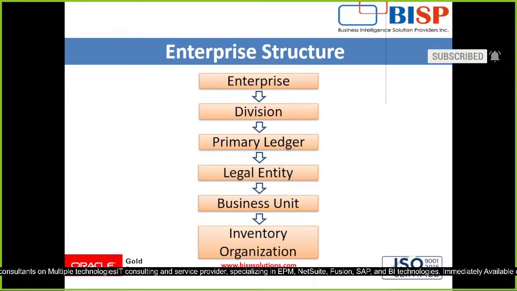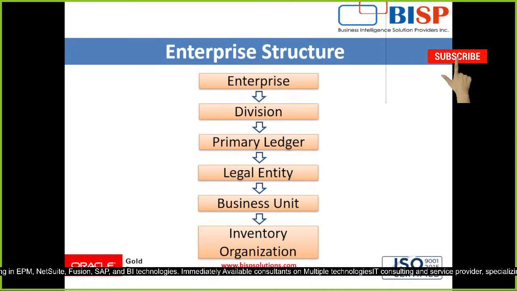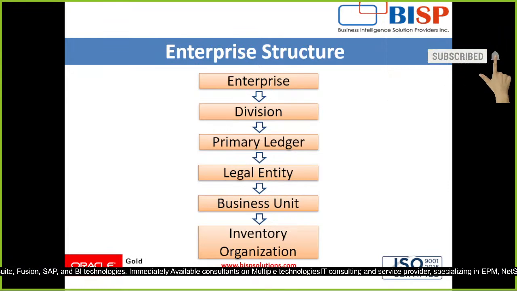A primary ledger will have four types of objectives assigned to it, like we can see the 4Cs: the chart of accounts, accounting calendar, currency, and subledger accounting method. These are the four key objectives assigned to the primary ledger. We will discuss in our upcoming sessions how to create the primary ledger separately, right?